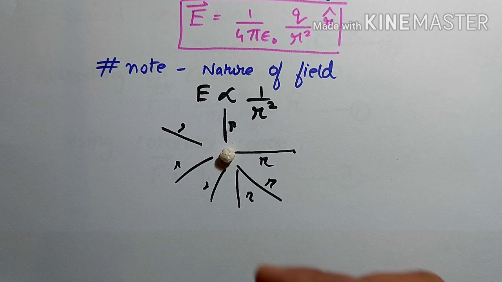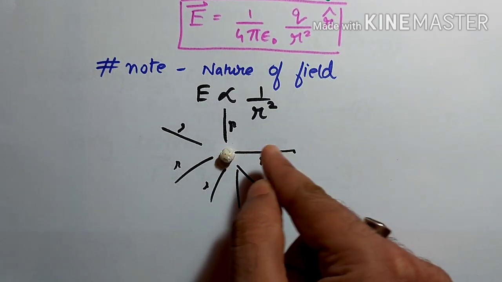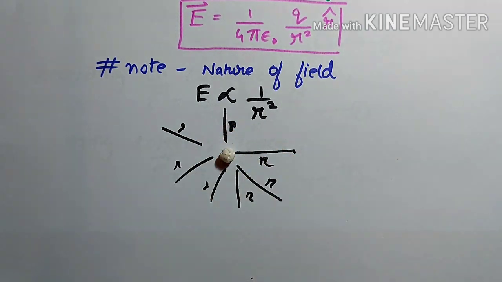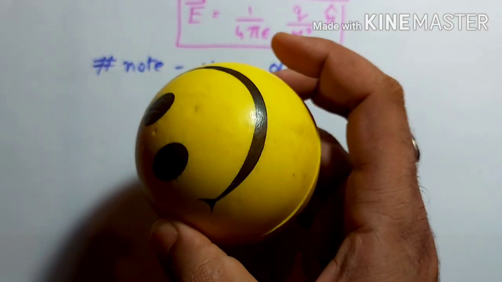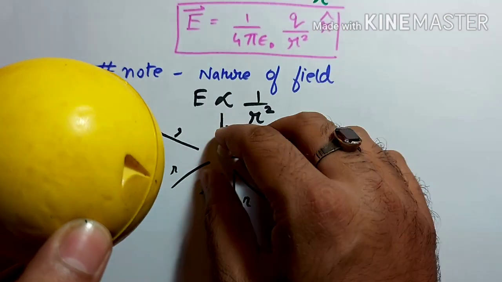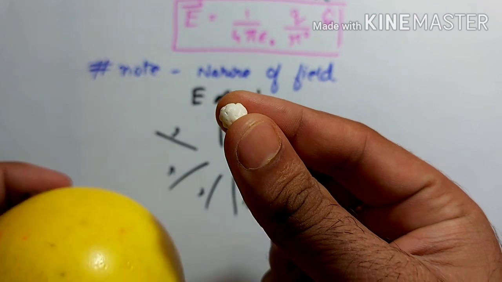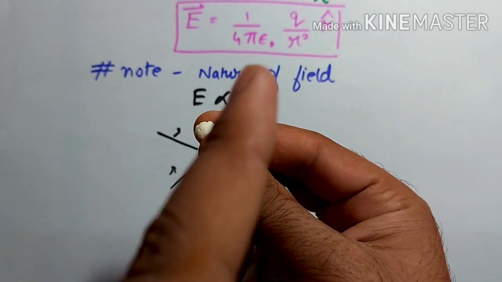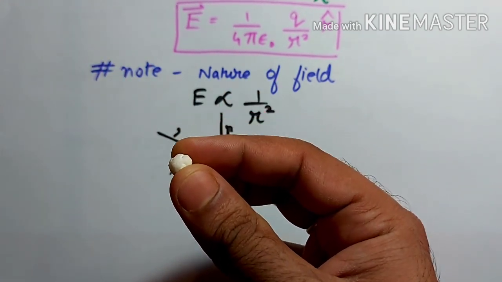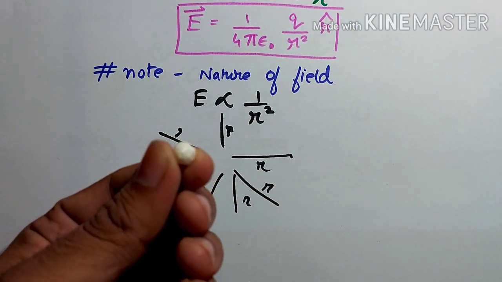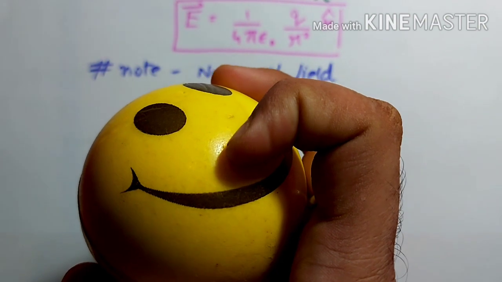You can see, if I have equidistant lines and at every distance r we have the same field, so the surface of electric field is similar to a sphere. Why? If this is a small charge and we have all the components of r like this, and at equal distance of r we have the same value of electric field, hence the surface looks like a sphere.